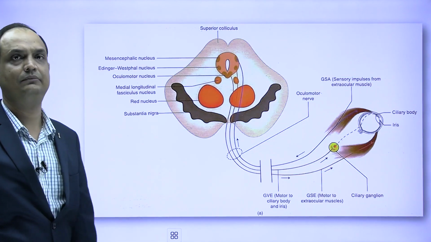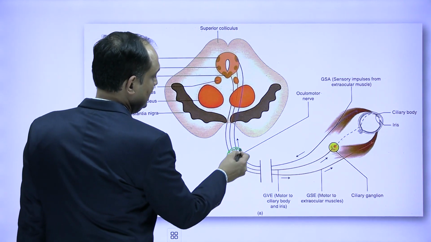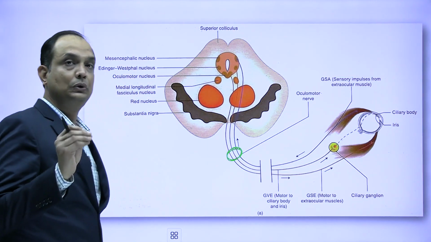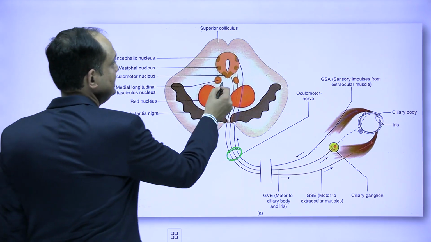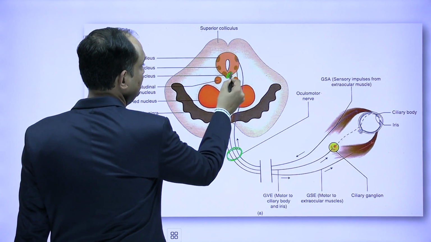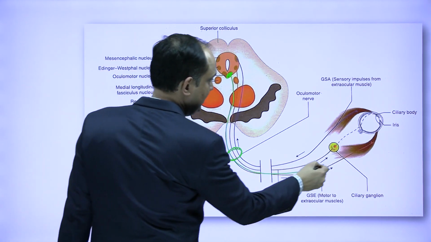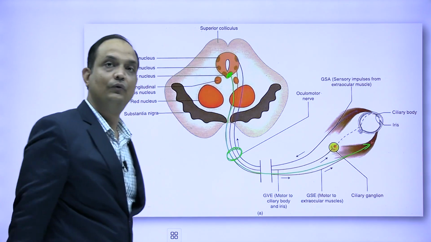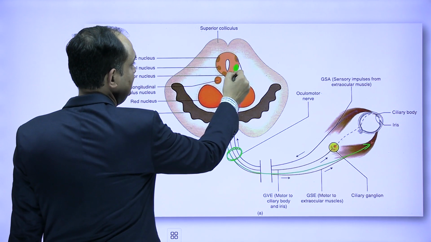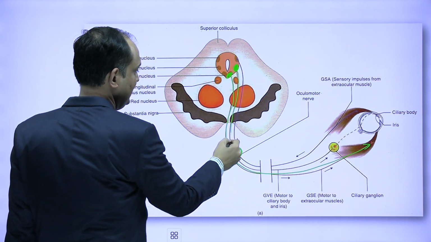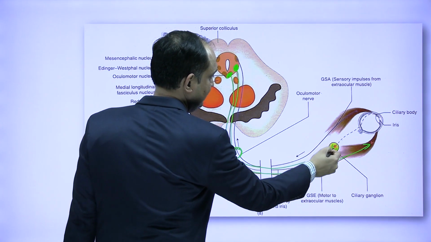Now, in this diagram, you can see this is your oculomotor nerve, and there are two important efferent outputs. One output is coming from these motor nuclei, and these fibers are going to relay in the extraocular muscles, while this is the Edinger-Westphal nucleus, and these preganglionic parasympathetic fibers will go and relay in the ciliary ganglion.